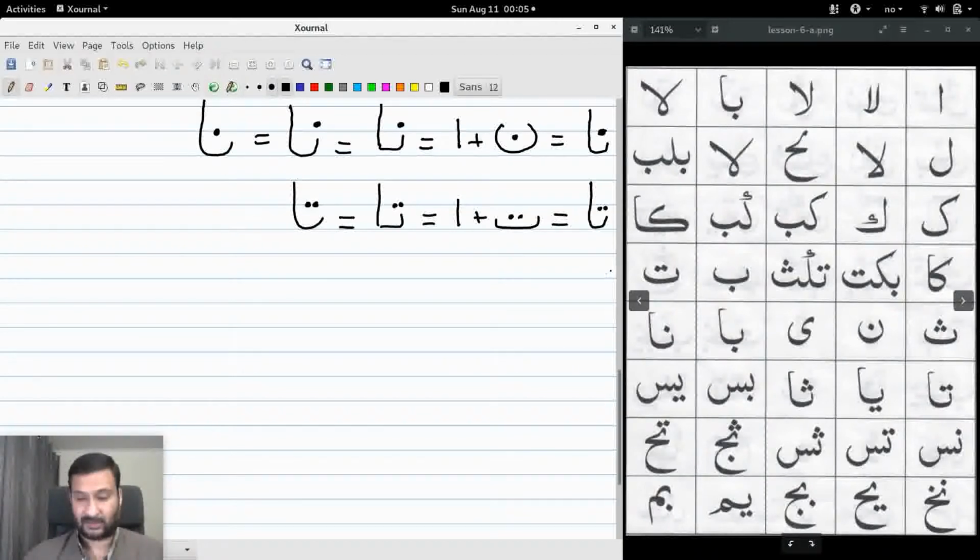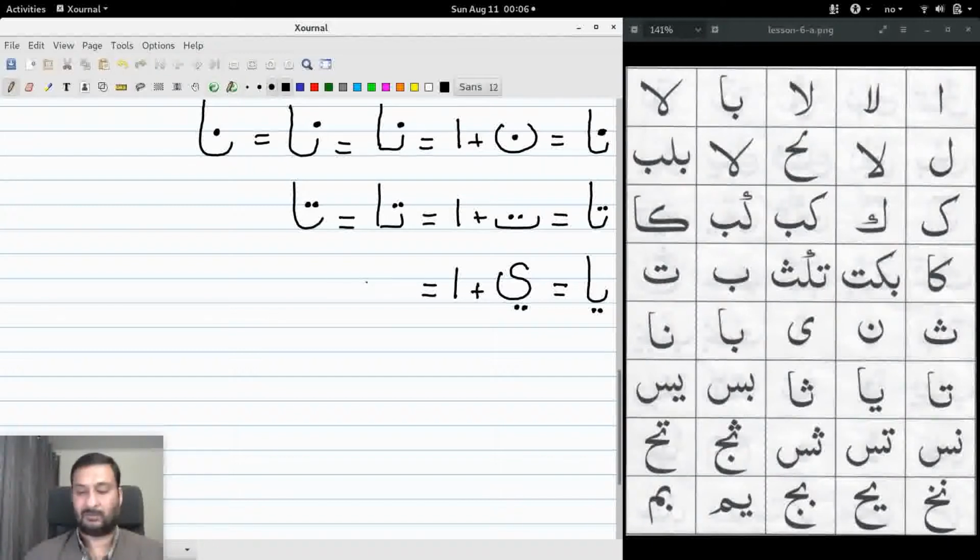Then is ya alif, and it's very good that this example is there, because ta has two dots on top, but ya has two dots at the bottom, and they are together. So ya alif is actually made up of the letter ya and alif.